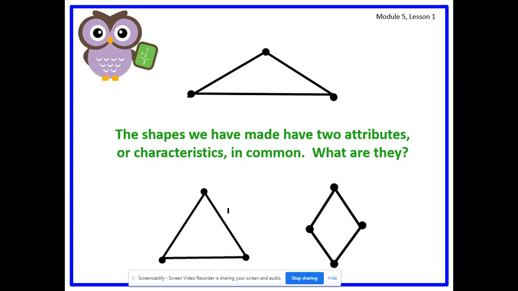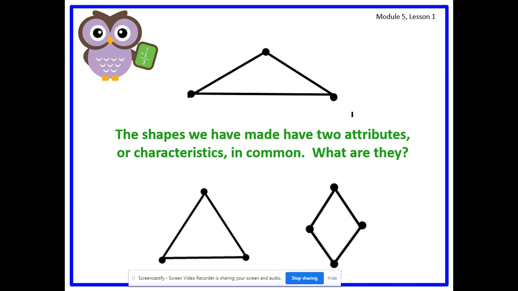Very good. So now listen, your pencil or marker should be parked. The shapes we have made have 2 attributes or characteristics in common. What are they? So look at the first shape. What is one attribute that this shape has? That it has how many corners? Get ready.